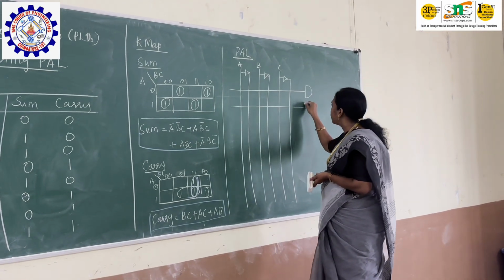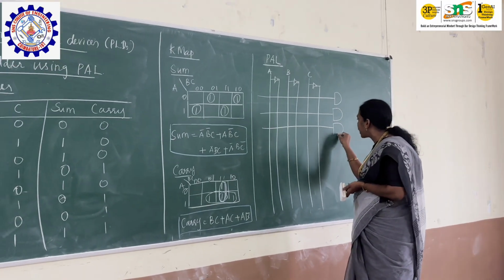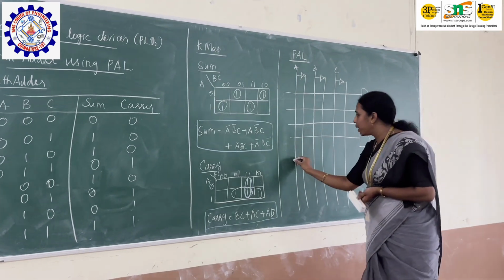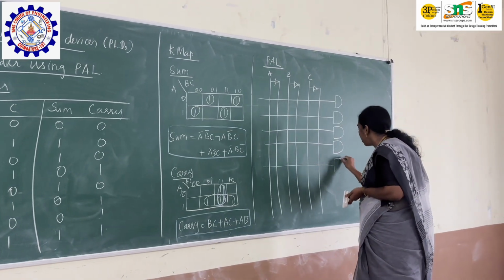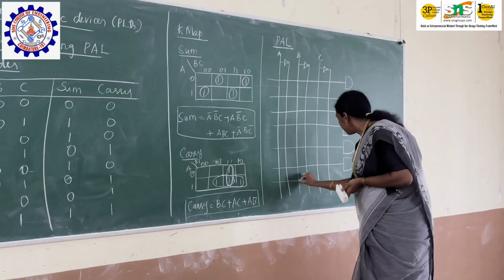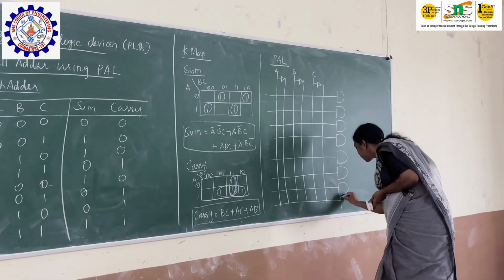We have 2 outputs, sum and carry. For sum, we will be having 4 AND gates, and for carry, we have 4 AND gates as well. So 4 different AND gates will be drawn, right?